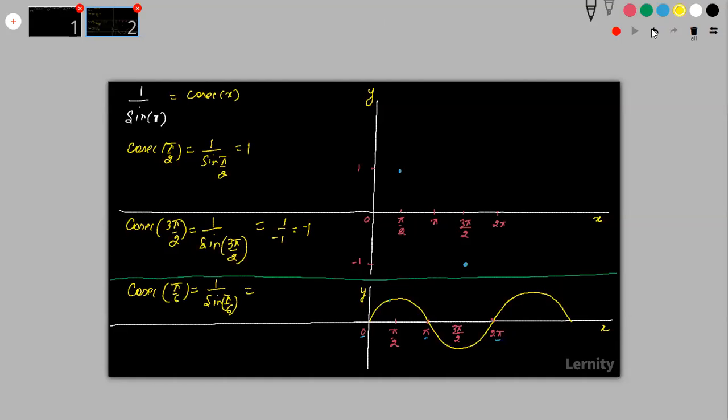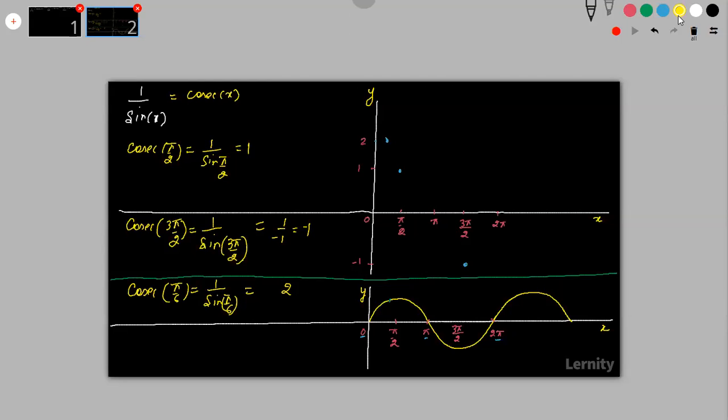Sine pi by 6 is 1 by 2, so this will become 2. So pi by 6 is somewhere here, and I will mark this point as y equals 2. Everybody understood this?